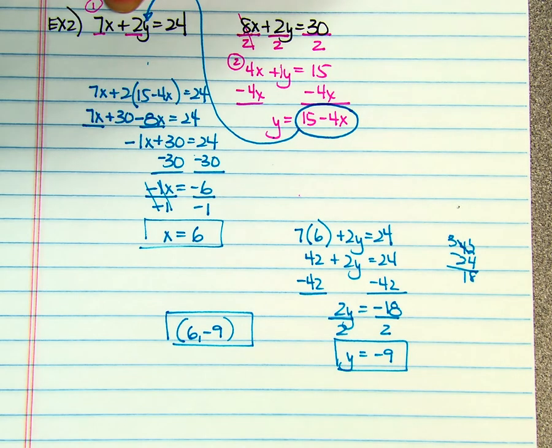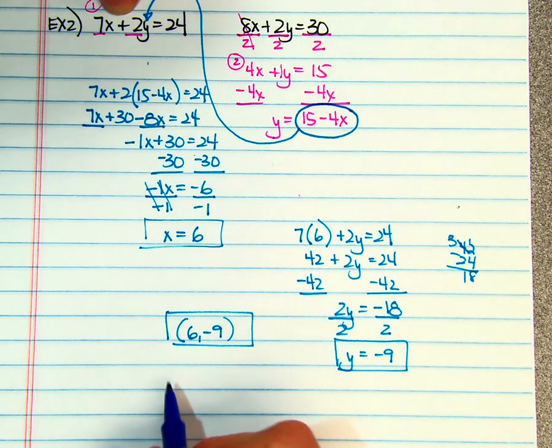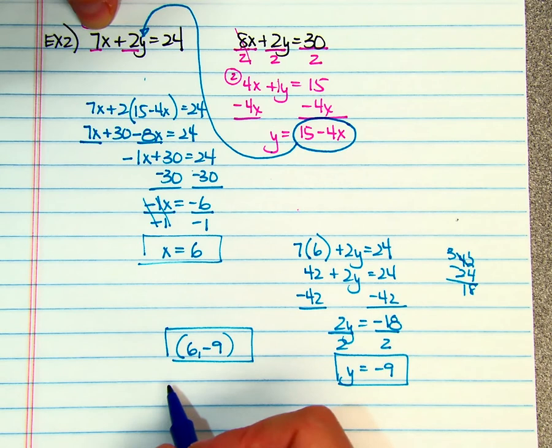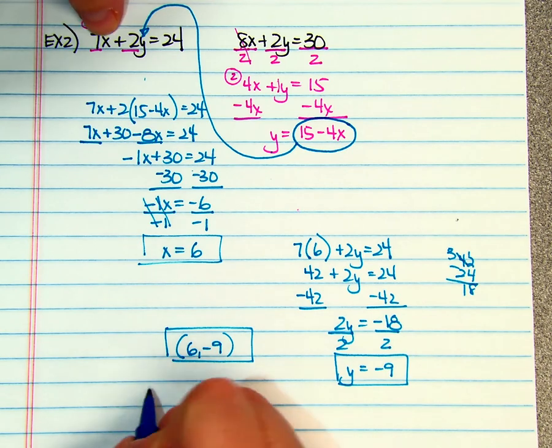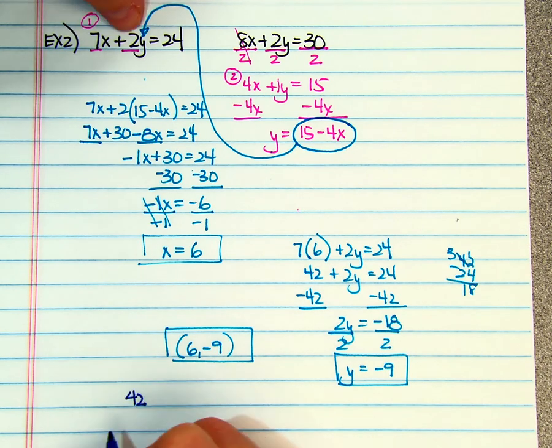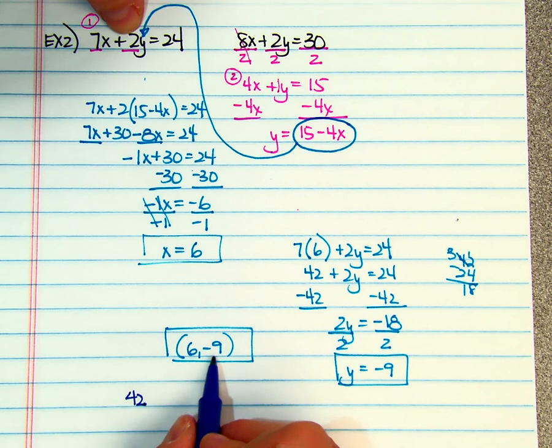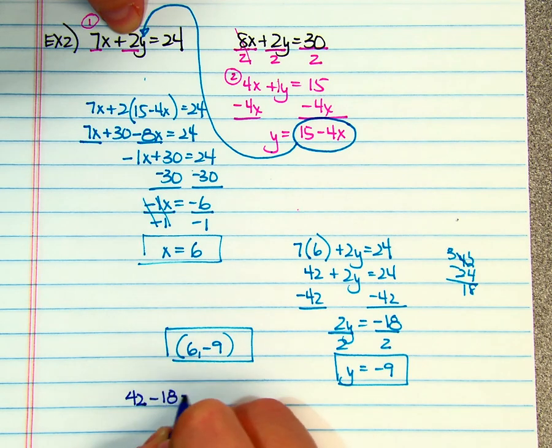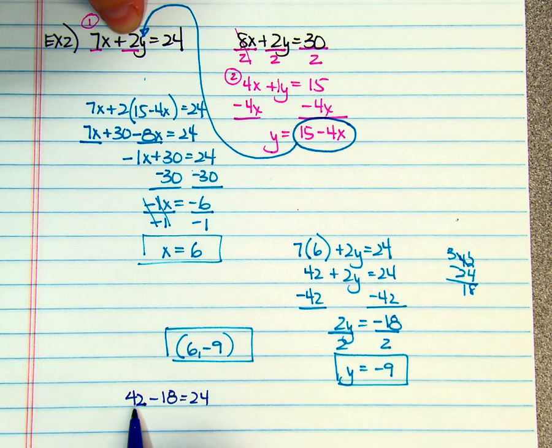And again, I'm going to check it. So I'm going to do this kind of quickly in my head, if you will. So 7 times 6 is 42. Positive 2 times a negative 9 gives me negative 18 equals 24. And 42 minus 18 does give me 24. So that checks in the first one.